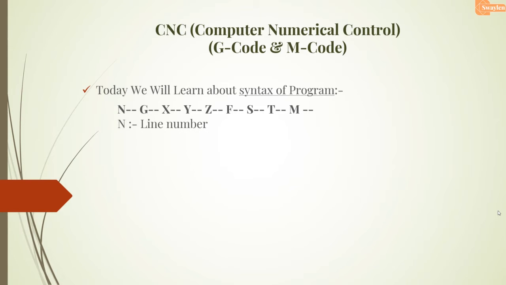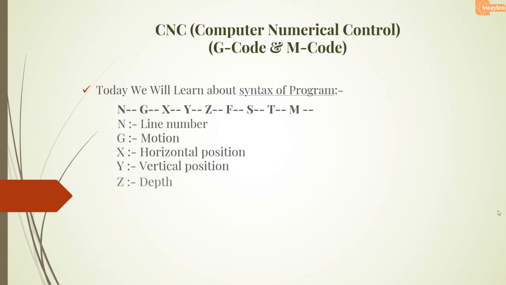N means the line number. G means motion. X means horizontal position. Y means vertical position. Z means depth. F means feed rate. S means spindle speed.